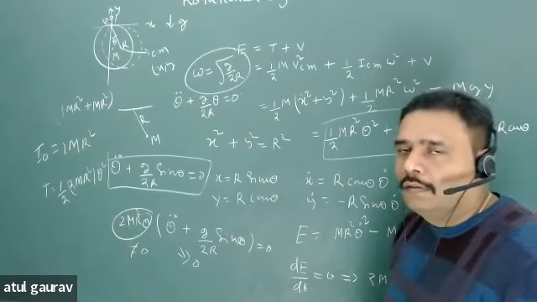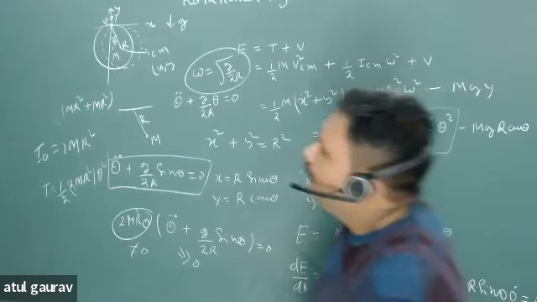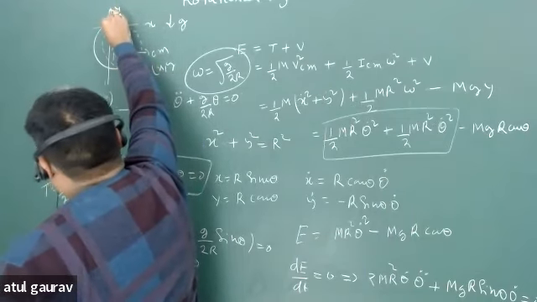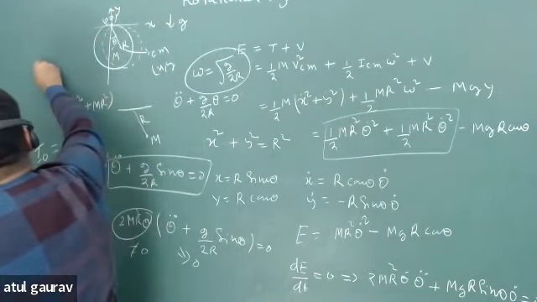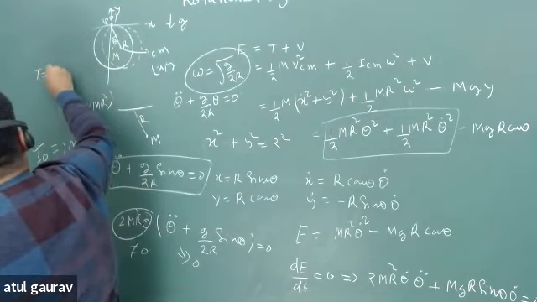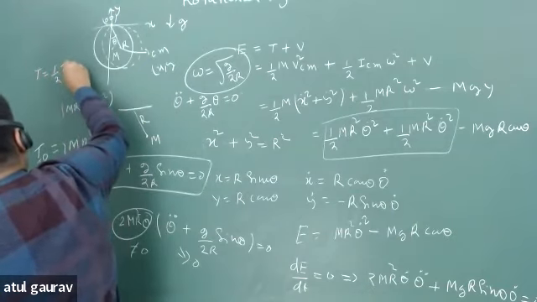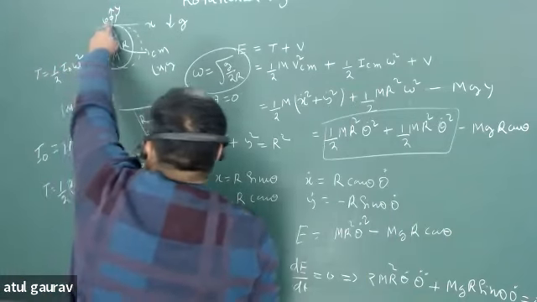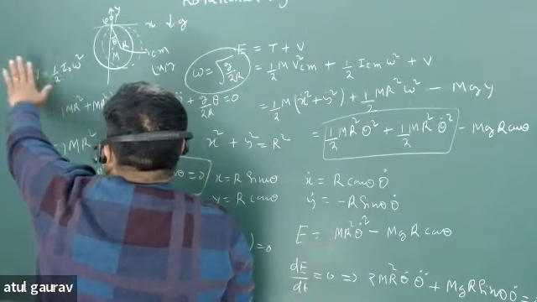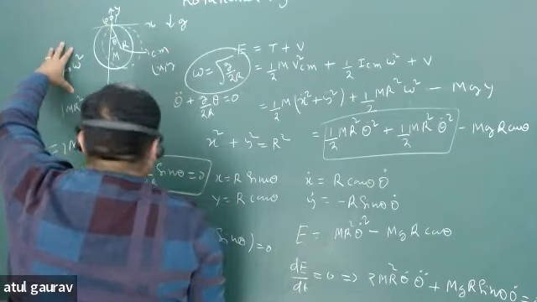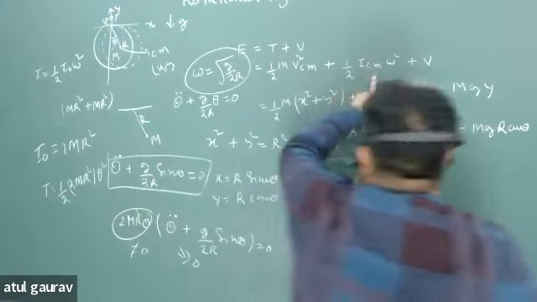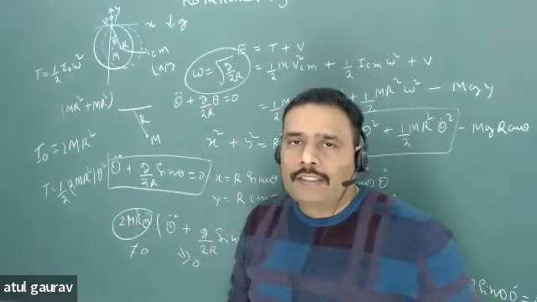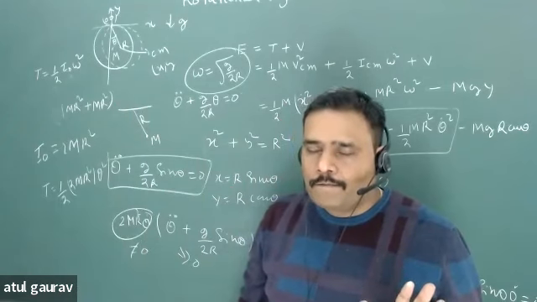Yes या no? यहां पर हमने क्या किया? यहां पर हमने जो मोमेंट ऑफ इनर्शिया है वो पॉइंट ओ के अबाउट ले लिया, and if I am taking the moment of inertia about point O, then I have to write half I_O omega square, and pure rotation, so there is not any translation motion about this point, so this will be half I_O omega square. So either you can choose this one or you can choose this one, you will get the same answer when the case is for pure rotation. Are you getting my point?